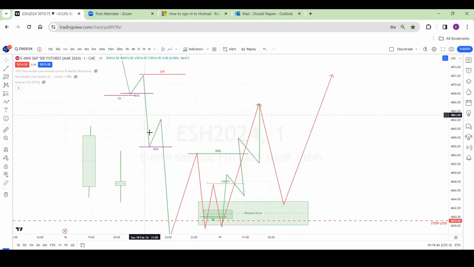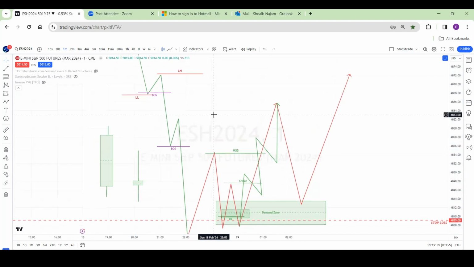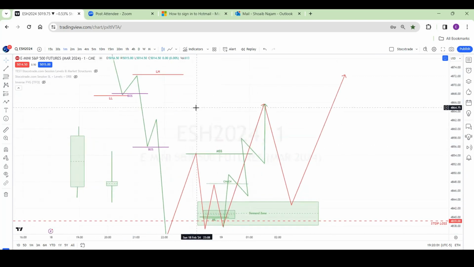Break of structure means the lowest candle has been broken at this level. Once the candle comes down and breaks this low, then you can say that okay, my break of structure is there. But if the candle does not close below this, if you are looking at a 1 minute candle and the body of the candle does not close below, you cannot say that it is a break of structure.